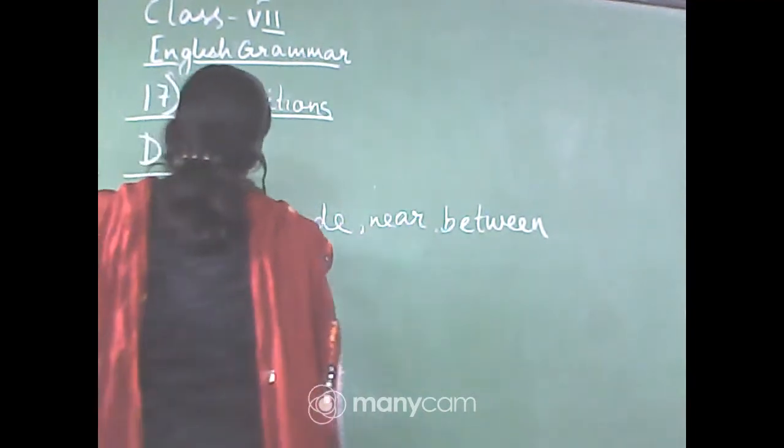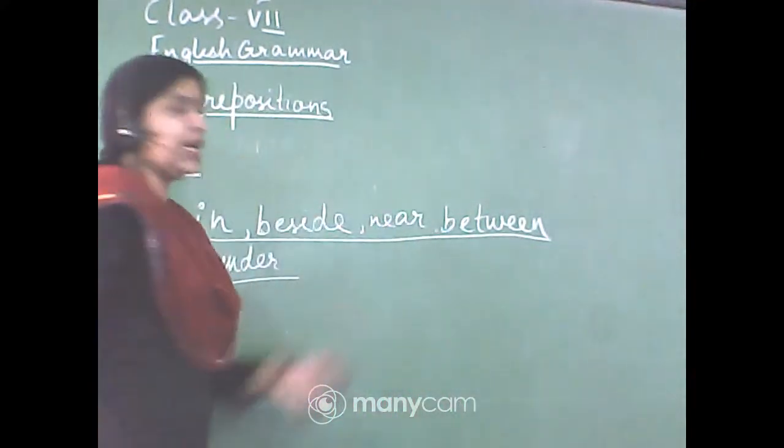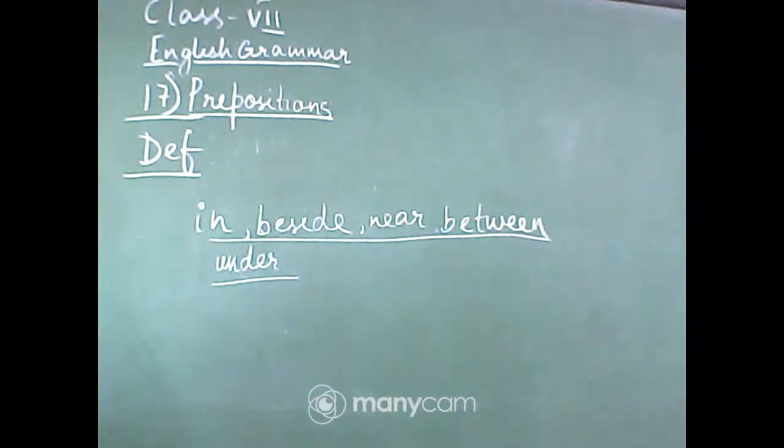All these which show the position or the place, and many others as well, are called prepositions of position and place. You can see in your book a whole box is given using that.